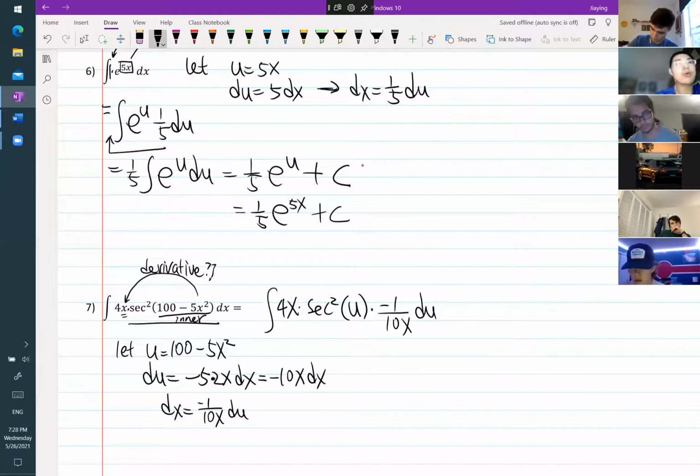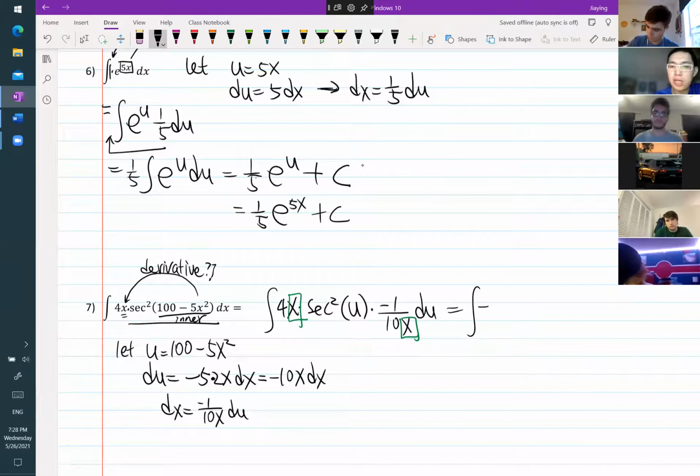Again, just like before, if you have an x in front and an x in the denominator, when you multiply them together the x goes away. Then the 4 and the negative 1/10 becomes negative 4/10. So that's the integral of negative 4 over 10 secant squared u du.